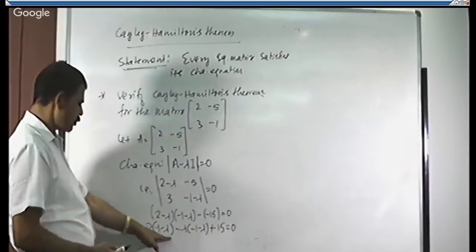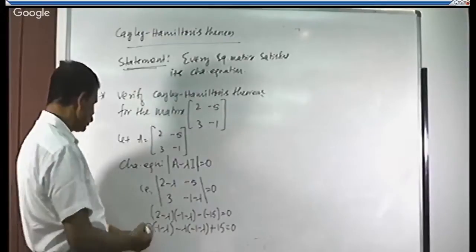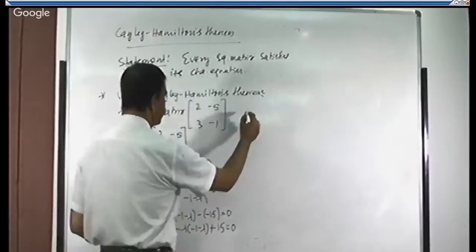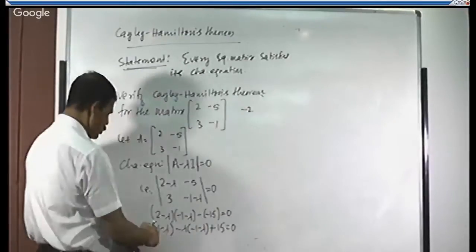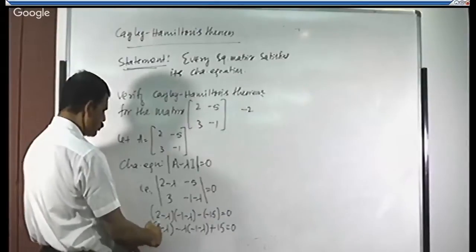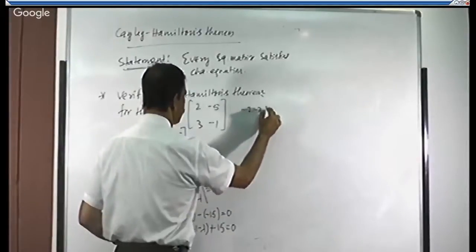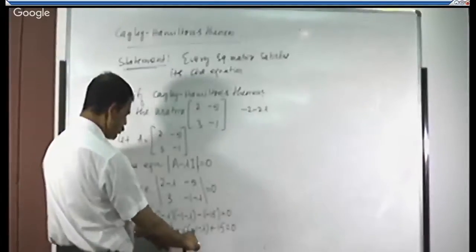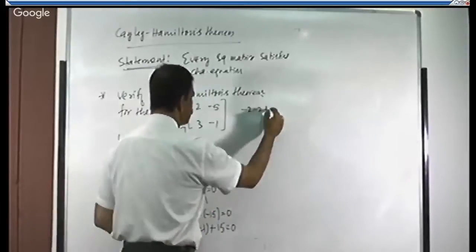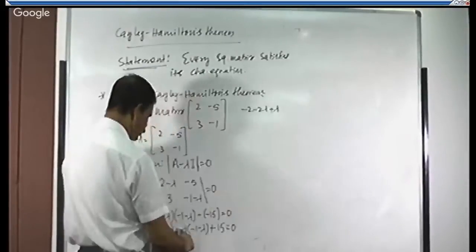Then again remove these brackets. 2 into minus 1, that is minus 2, minus lambda into 2, minus 2 lambda. Then minus into minus plus 1 into lambda is lambda.